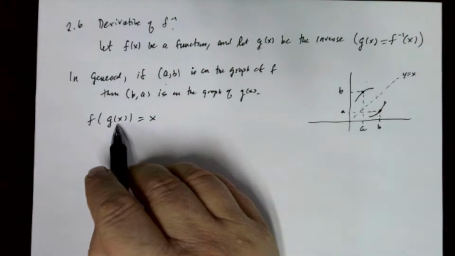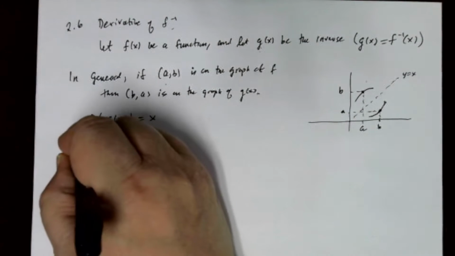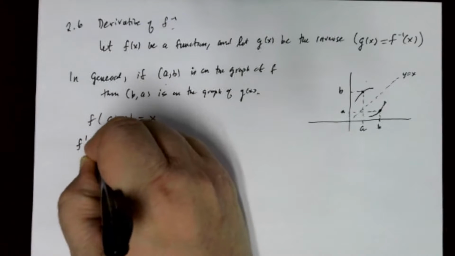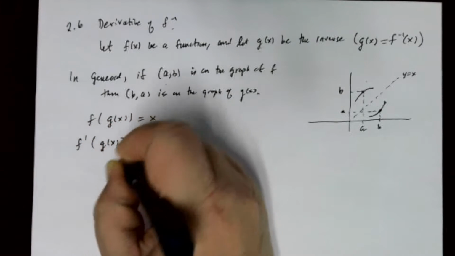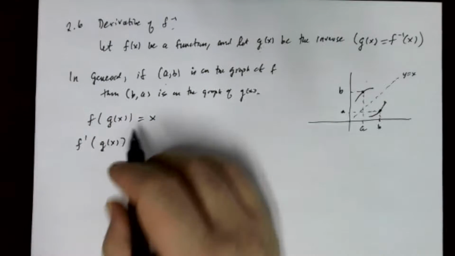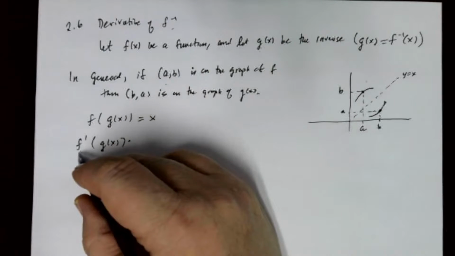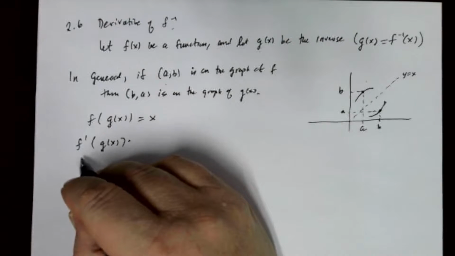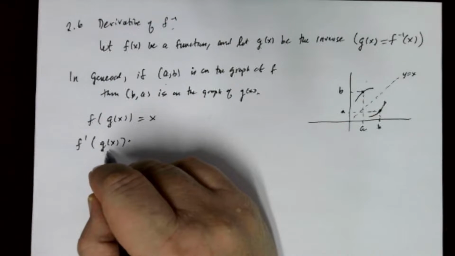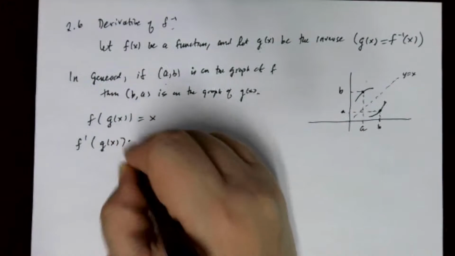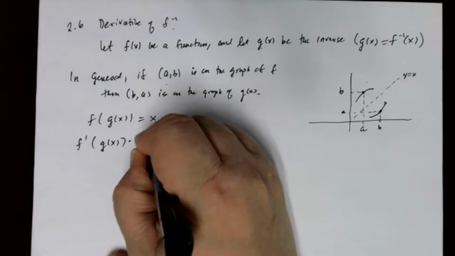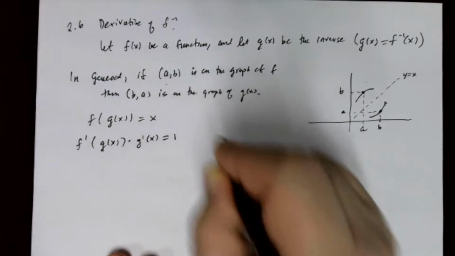Okay, and so if we differentiate both sides using the chain rule on this side, derivative of the outside with the inside function stuck in there, times, that's where the product is, g prime of x equals 1. Good.